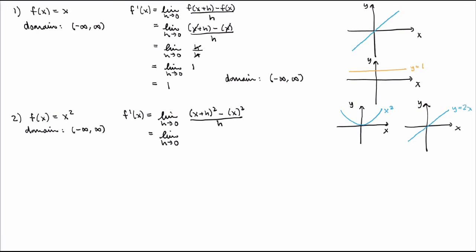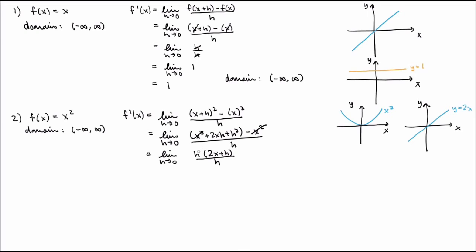So I'll first expand the square. x squared plus 2xh plus h squared minus x squared, whole thing divided by h. Now you see that things simplify. x squared minus x squared is 0. And for the two other terms in the numerator, they will have an h factor, so I can pull it out. I get h times (2x plus h) over h.